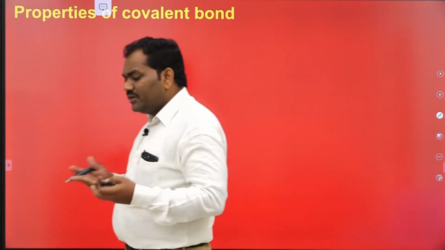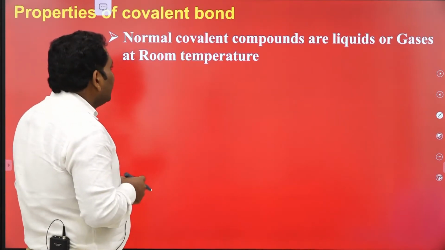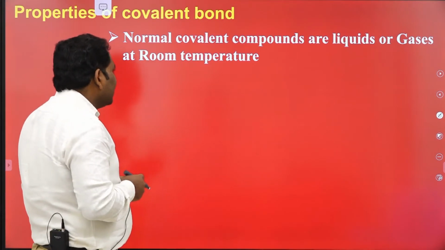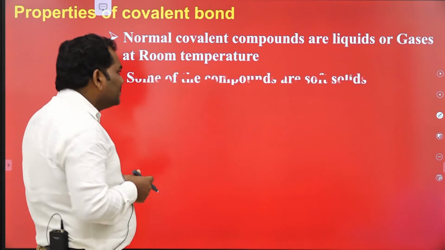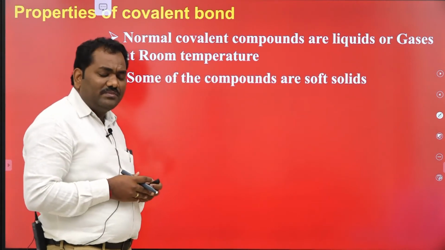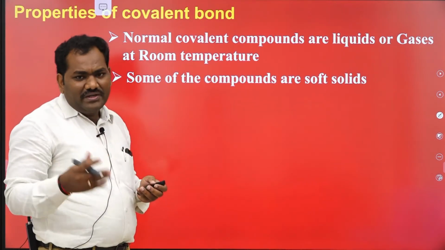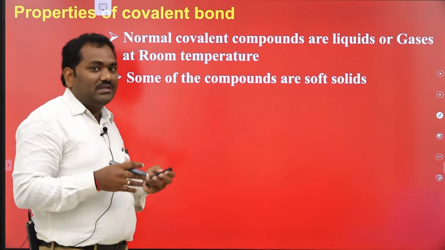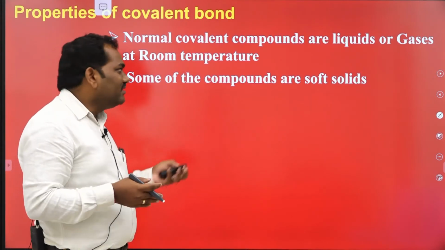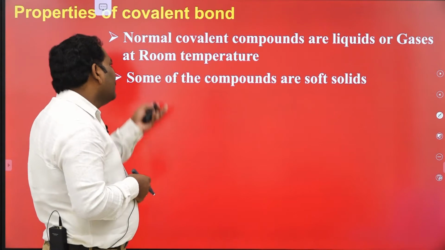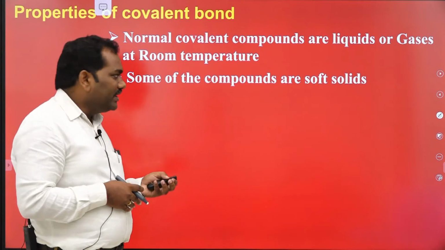Normally covalent compounds are liquids or gases at room temperature, and some compounds are soft solids. Also, some compounds, like graphite, are very hard substances, but very few covalent compounds are very hard. The remaining are soft solids.